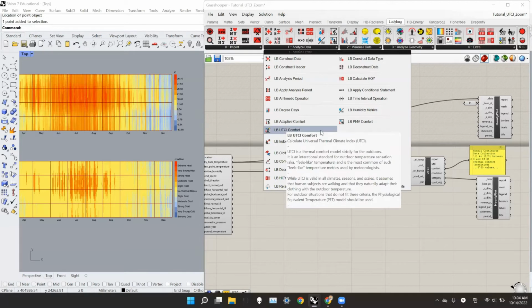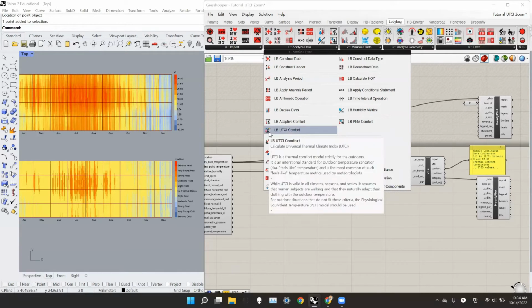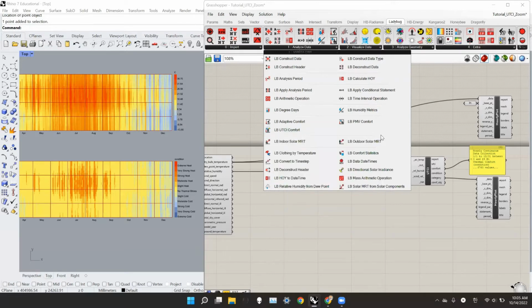And the last one is the UTCI for outdoor. This one doesn't have the boundary, but it takes the temperature, humidity, and solar radiation into account. So if you are confused, you can look at the icons and remind yourself what they really mean.